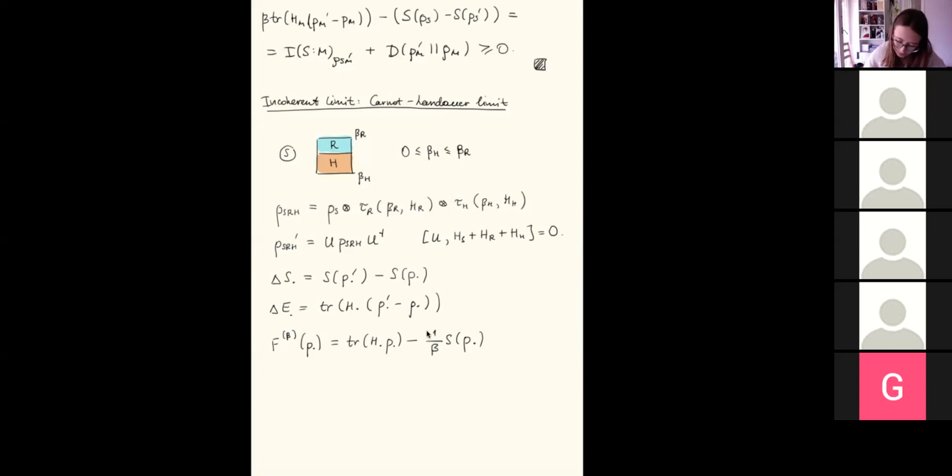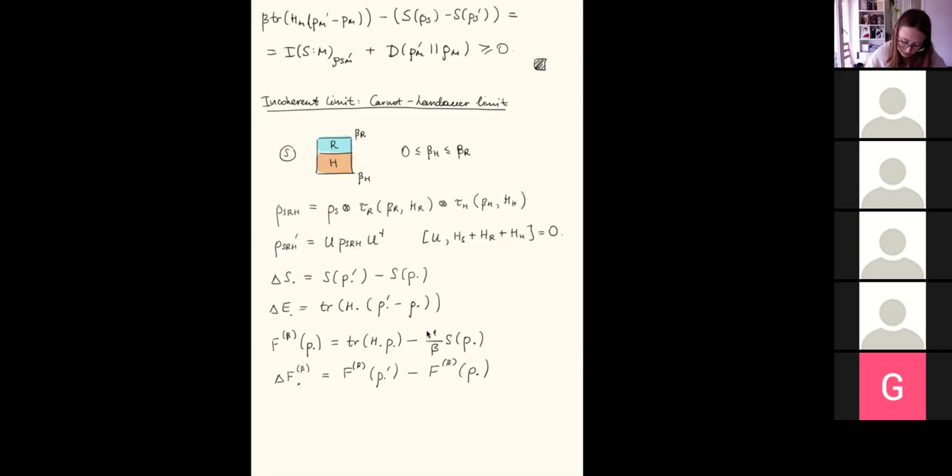And also delta F at temperature beta for some system will be the change in this free energy. So, okay, I can write it out: F beta rho prime minus F beta rho.